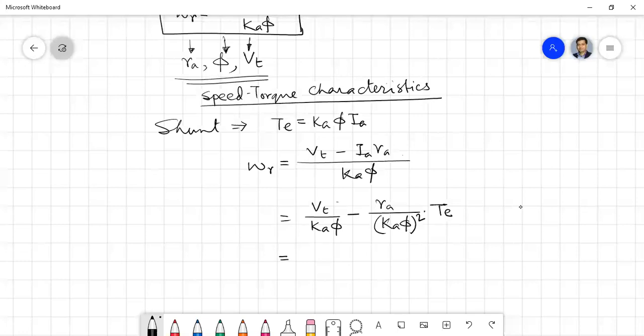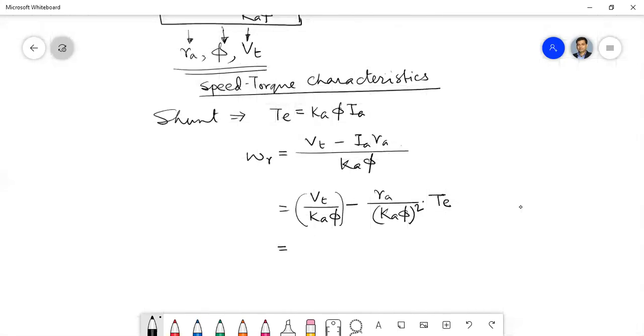Now, can you tell me what is the unit of this term? The first term which I have put in the bracket. Dimensionally, you have to think. Sir, radian per second.